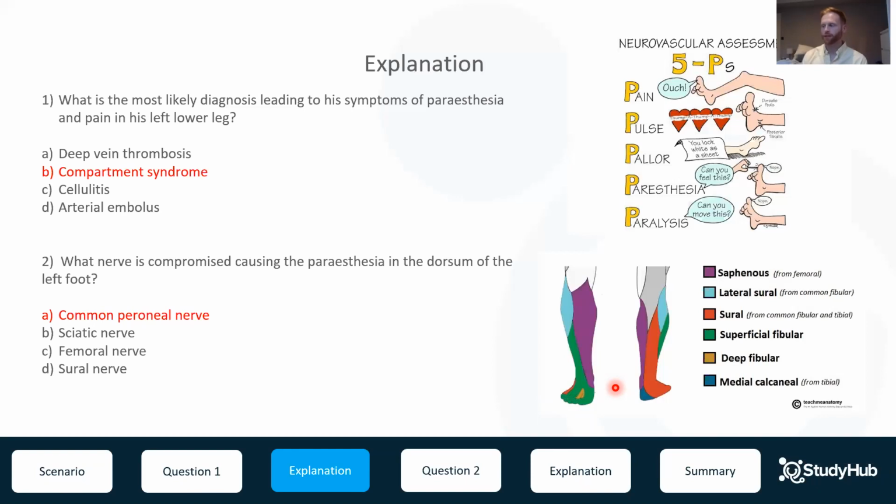Someone's asked which clinician would do the fasciotomy. It would likely be orthopedics that do the fasciotomy. That would be who does it definitely in a district general hospital. In St George's, the plastic surgeons will often do some of the fasciotomies, as there could well be some nerve compromise, and they're the specialists at repairing nerve, and they also take on quite a lot of complex soft tissue debridement.